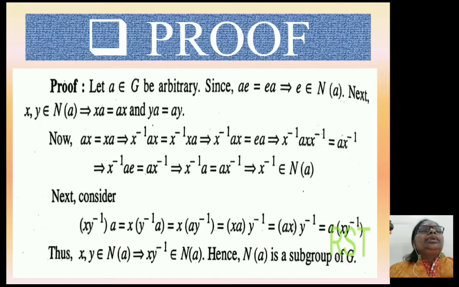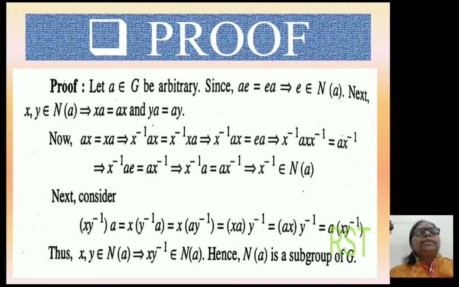That is the term x inverse ax equals ea. That means x inverse ax equals a, since ea equals a. Multiply this term on both sides by x inverse on the right, so that we get x inverse ax x inverse equals a into x inverse.